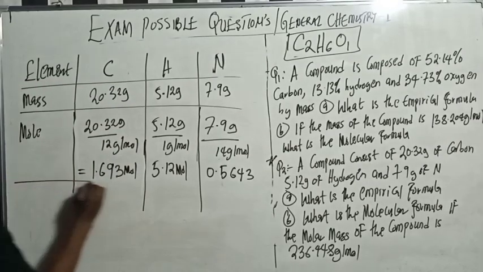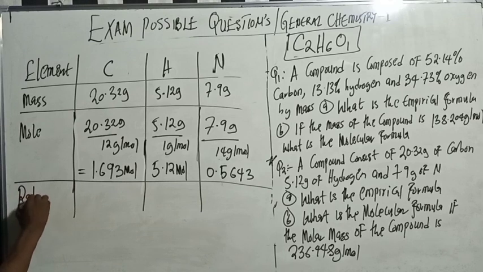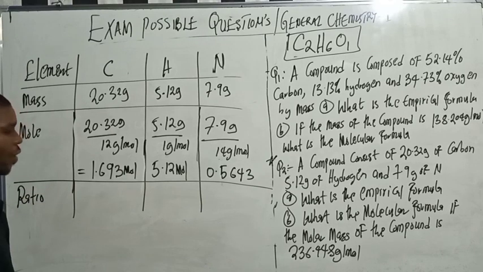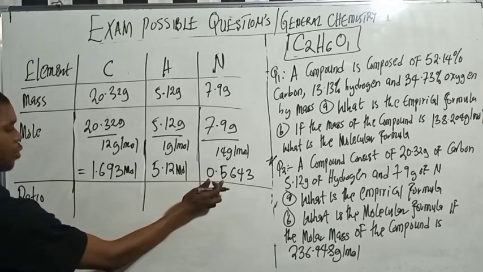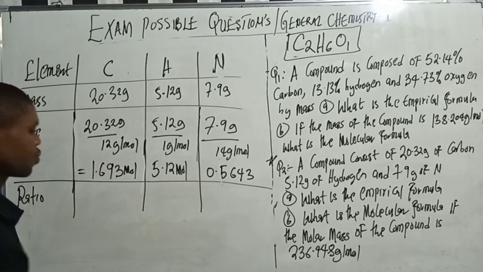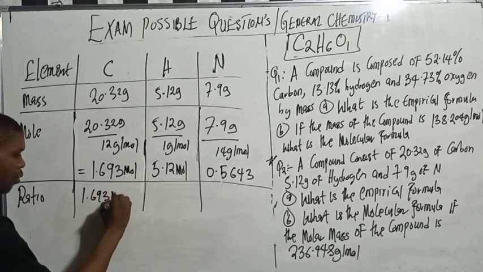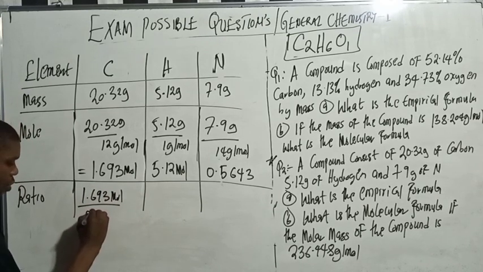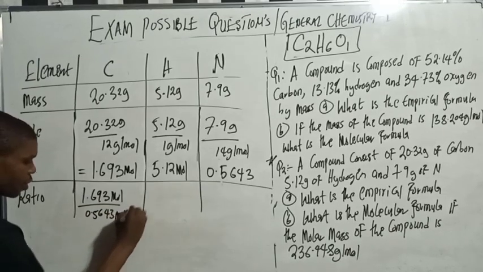The next thing you want to do is get the ratio. And how do you get the ratio? Divide by the lowest mole. Here my lowest mole is 0.5643. So it's going to be 1.693 moles over 0.5643 moles.